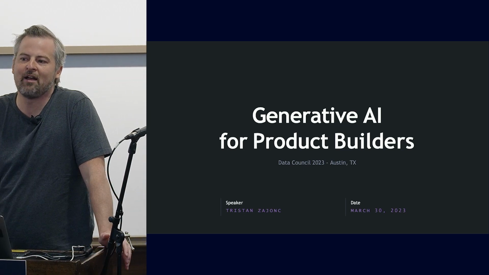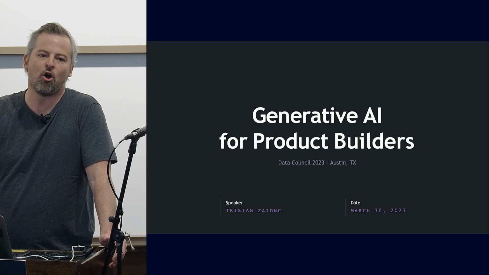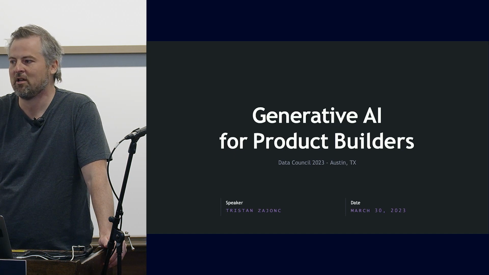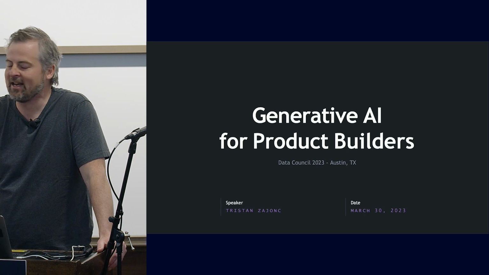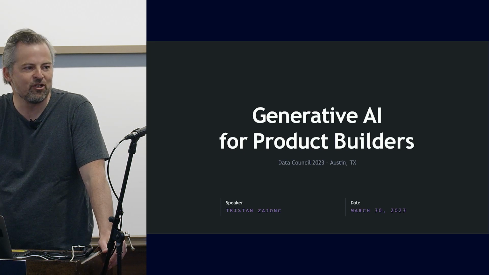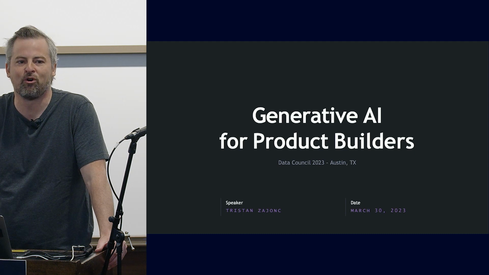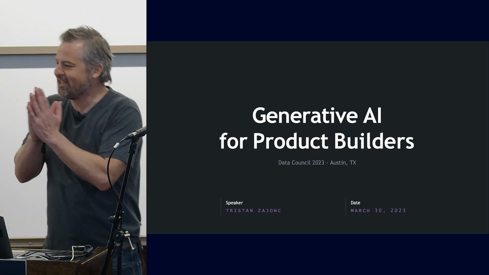How many people have gone beyond ChatGPT and actually used, for instance, the OpenAI playground, where you're actually interacting with the underlying model? Okay, so maybe 30-40% of people have done that. And how many people have actually built applications where you started to use those APIs, thought about the real world implications of how to embed them into applications? So maybe 10%, 20%.